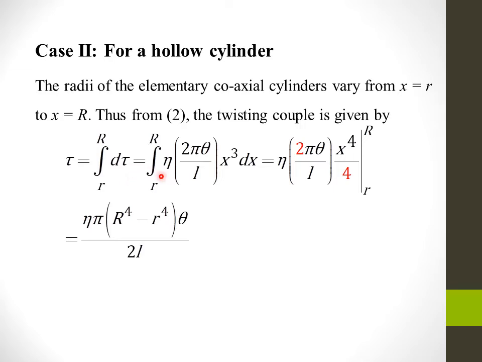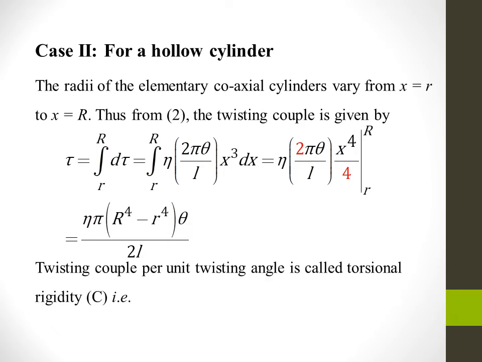Substituting for dτ as η 2π θ by L x³ dx, and on integrating the variable term x³ dx, we obtain η 2π θ by L x⁴ by 4. Substituting the upper limit and the lower limit, we have τ equal to η π (R⁴ minus r⁴) θ by 2L.